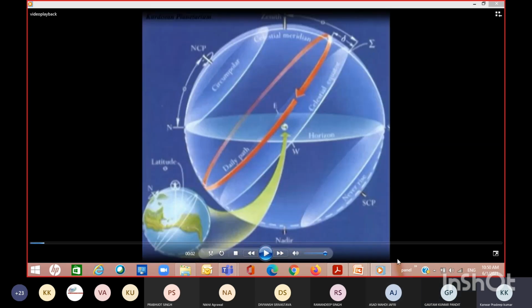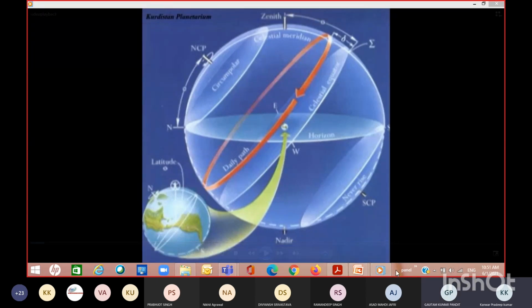Second diagram. This one is tilted on the other side, the left side. But it is showing another one or two very important things. In the center, there is the Earth. By the arrow, you can see on the left bottom corner, the Earth is showing a little larger in size. Can you see that?